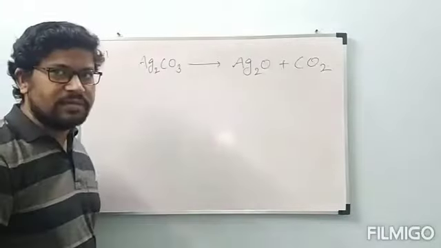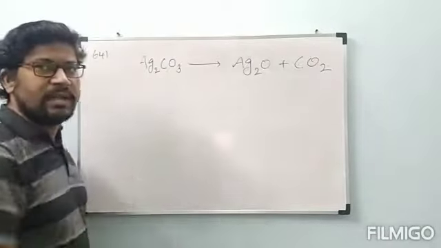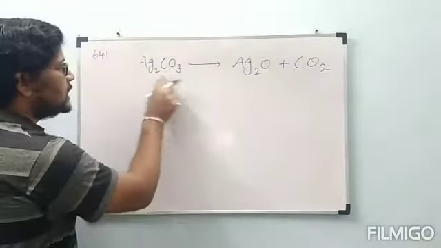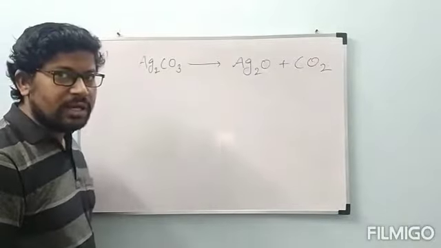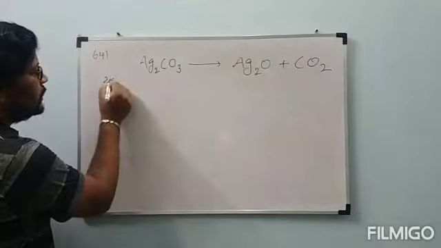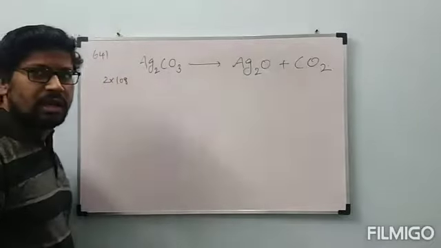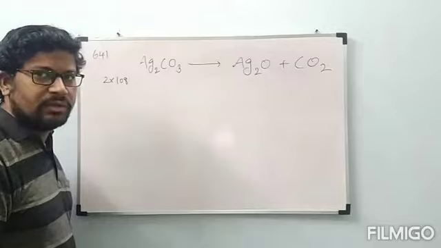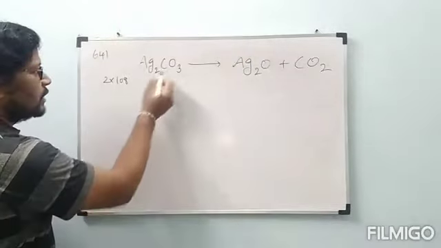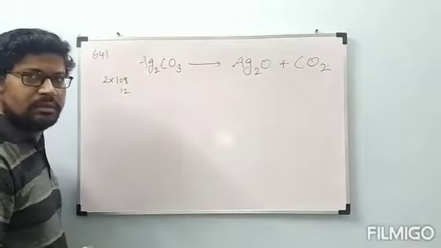Now, after balancing this equation, according to the stoichiometric calculation, what can we do? Ag2CO3 gram molecular weight: gram atomic weight of silver is 108, so 2 into 108 grams. Carbon 12.